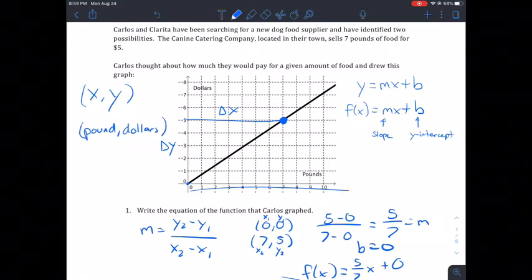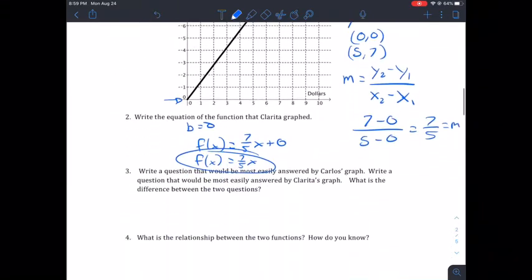So the question Carlos's graph is going to answer is how much does, you could say, p pounds of food cost? You could think about it this way, right? How much can you get? How much does 5 pounds of food cost? That's what his graph would answer. Okay? So we could put that down.